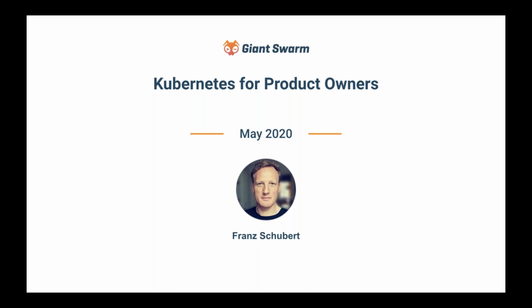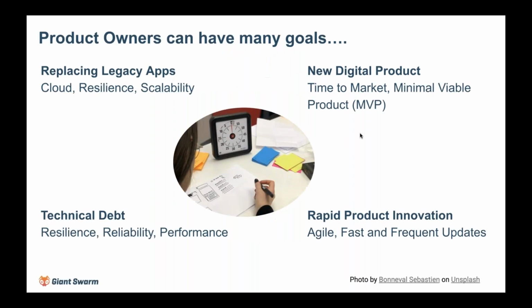Good. Typically, you run into Kubernetes, or at least the cloud native stack, as a product owner when you are talking about replacing your legacy apps. You may have monolithic apps, or huge application landscapes on premise, and you find there's a need or a strategy to run them in the cloud, or you need to upgrade your data center and find that difficult, so you need to move into the cloud.